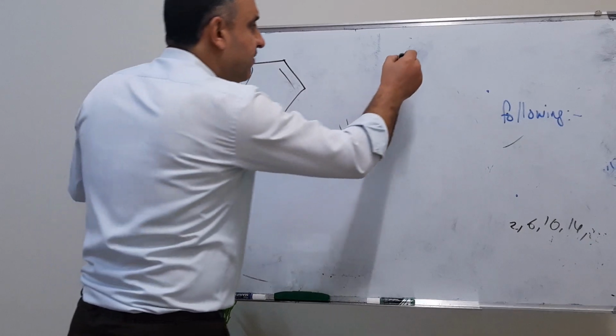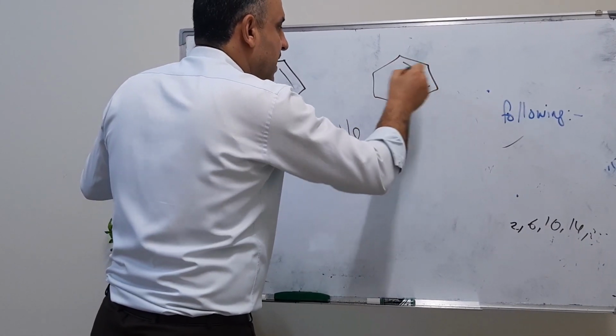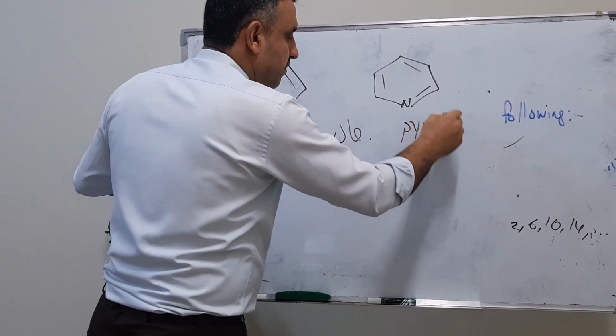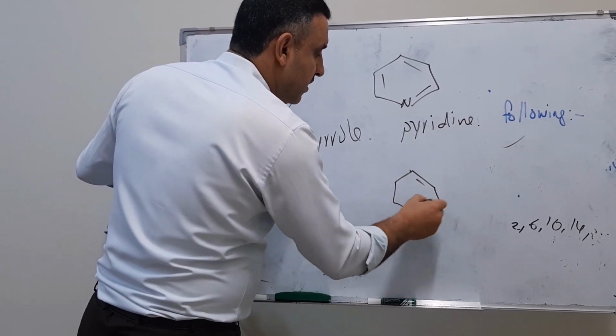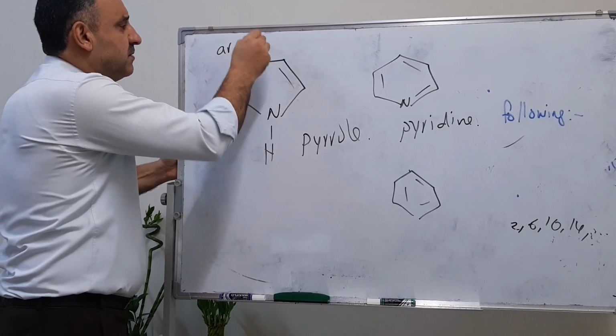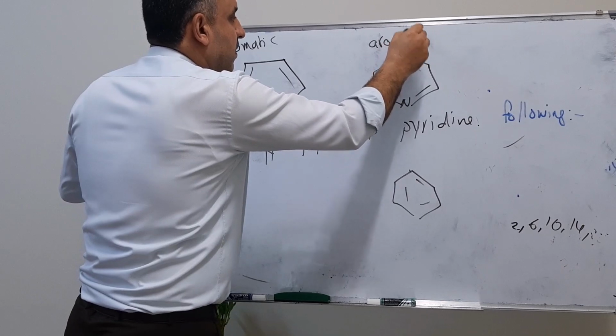Here, for example, we also have pyridine. This is called pyridine. The pyridine is similar to the benzene. This system, or both systems, we call aromatic. Why?